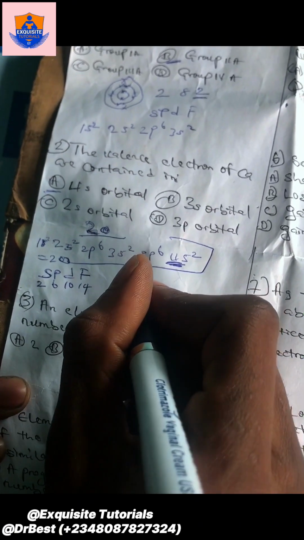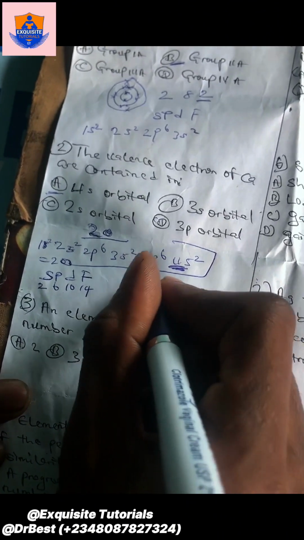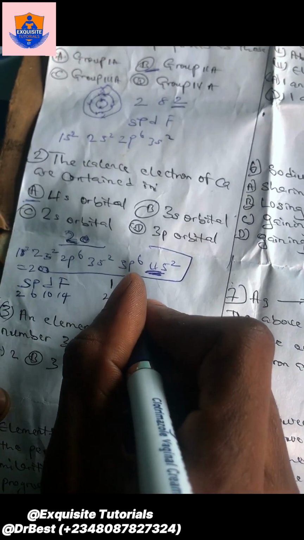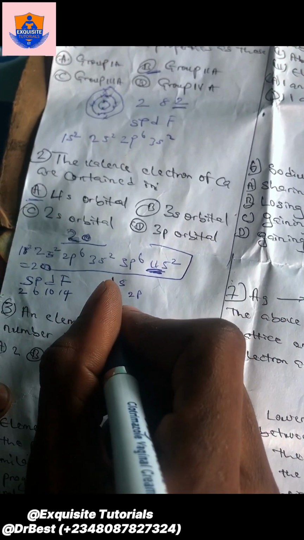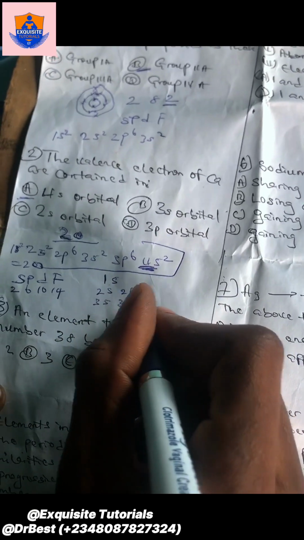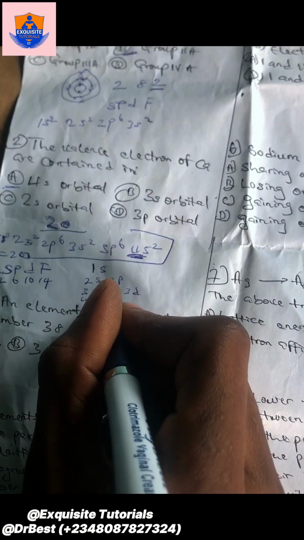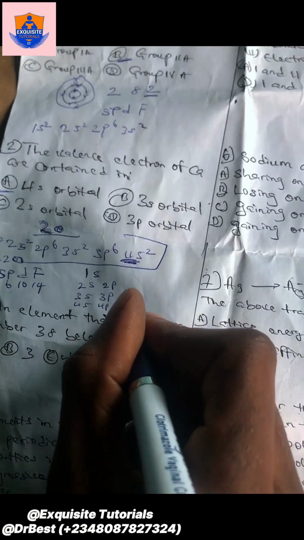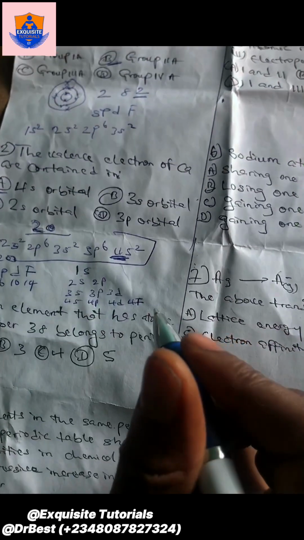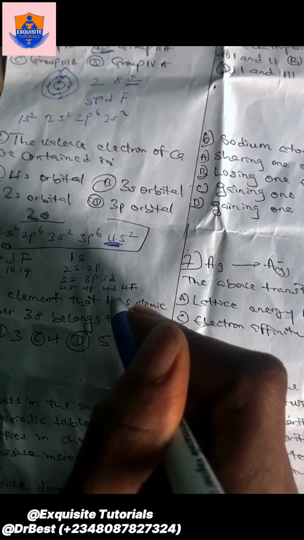When writing, S has only 1, so you are having 1s, then 2s and 2p, then 3s, 3p, 3d, then 4s, 4p, 4d, and 4f. Every other one from 5 can actually contain up to f.